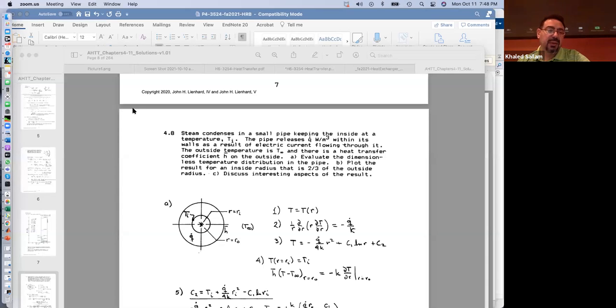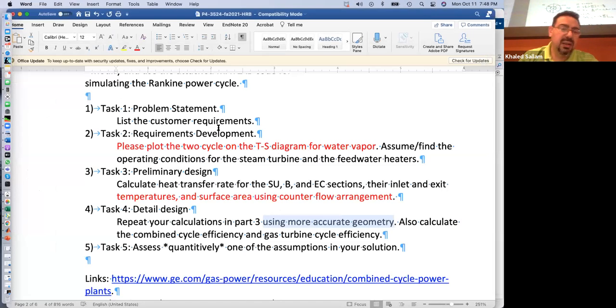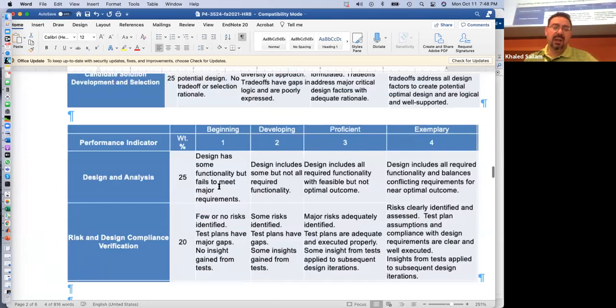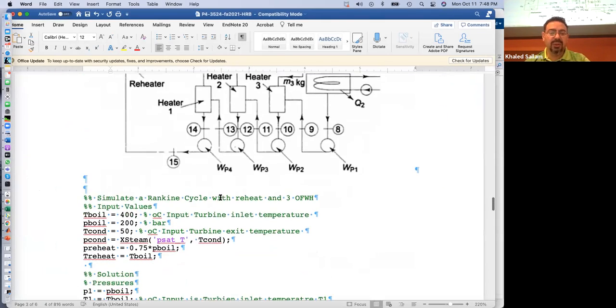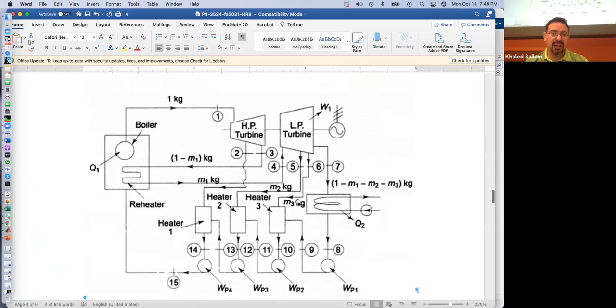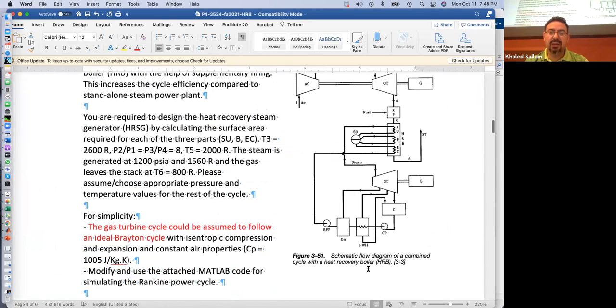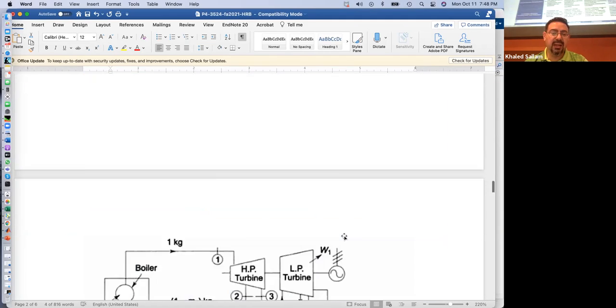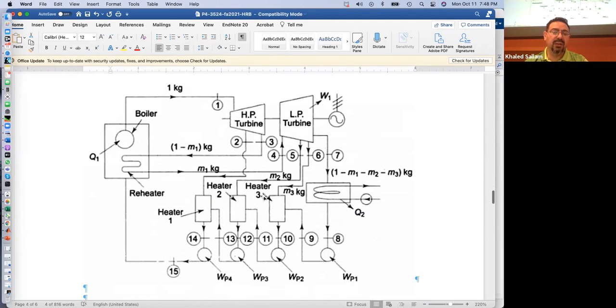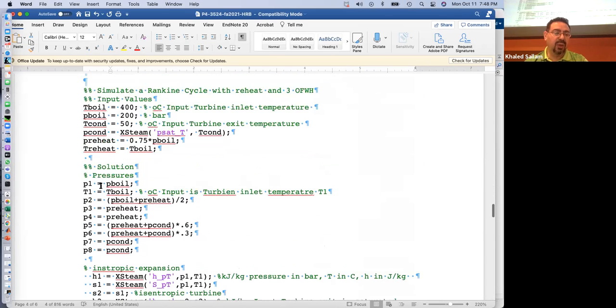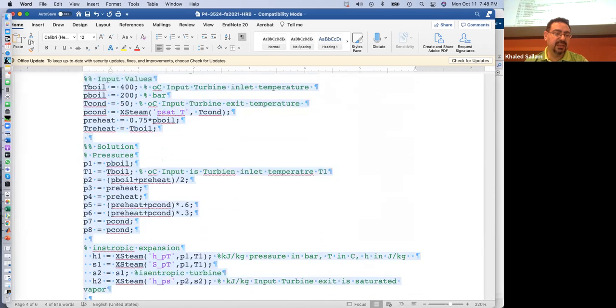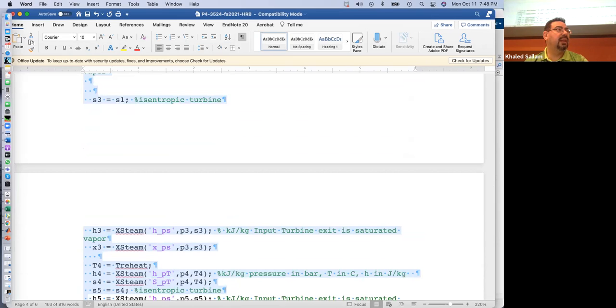To help with this, I also give you the code to simulate this cycle. You don't have to stick to it, with one closed feed water heater and one open feed water heater. You can basically do this one. All you have to do is cut and paste this into your MATLAB and it could run.